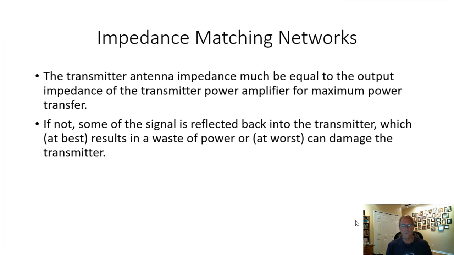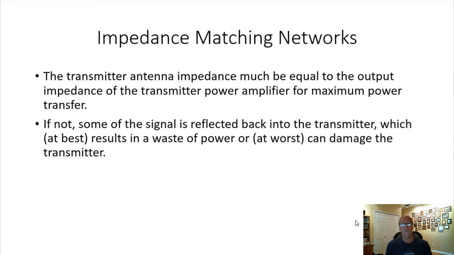The last topic for today is impedance matching networks. It turns out that a transmitter output and an antenna are very seldom matched in impedance, and they have to be the same in order for there to be maximum power transmitted out the antenna.